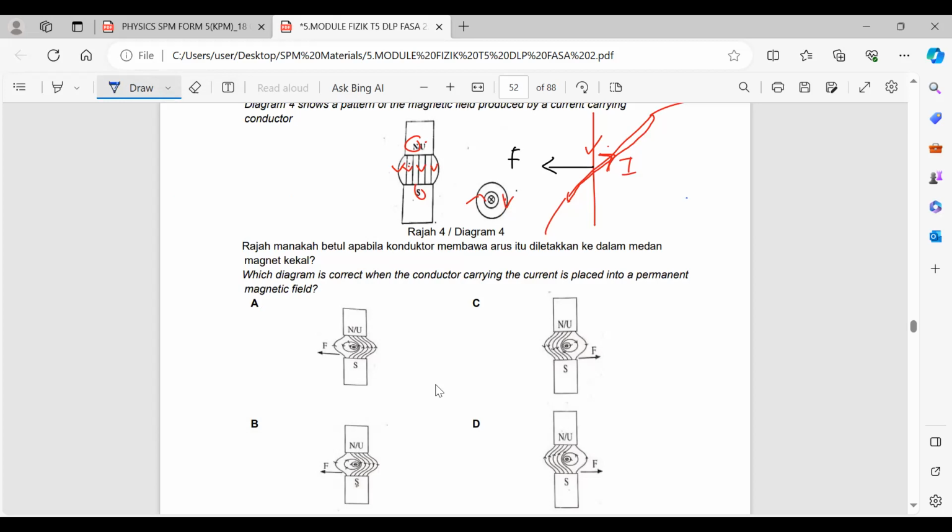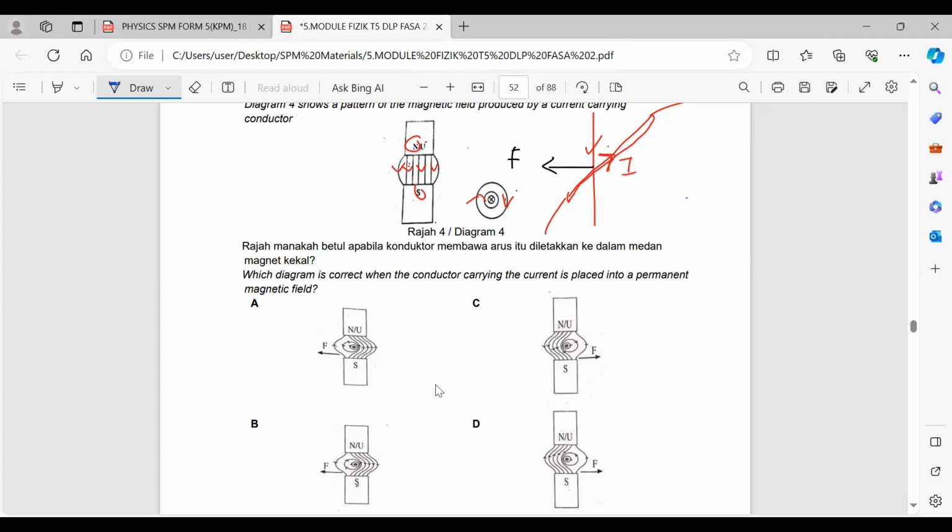Then I need to use my Fleming left hand rule. My middle finger, which is the current, should be pointing to me. Magnetic field should be down. Then the thumb will be pointing to the right. So in this case it should be to the right, because it's a dot. That is the confusing thing.